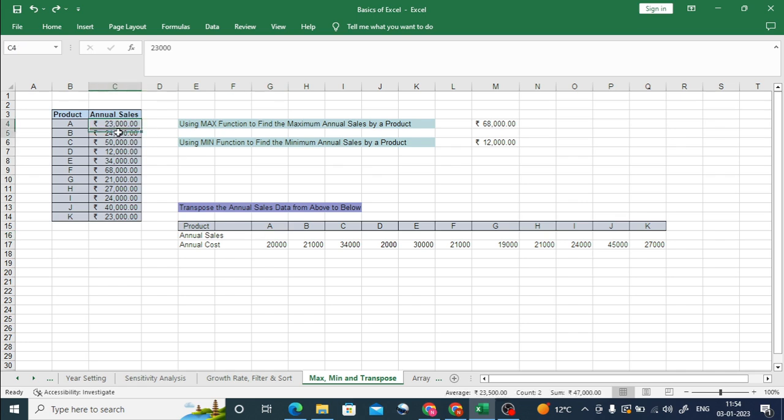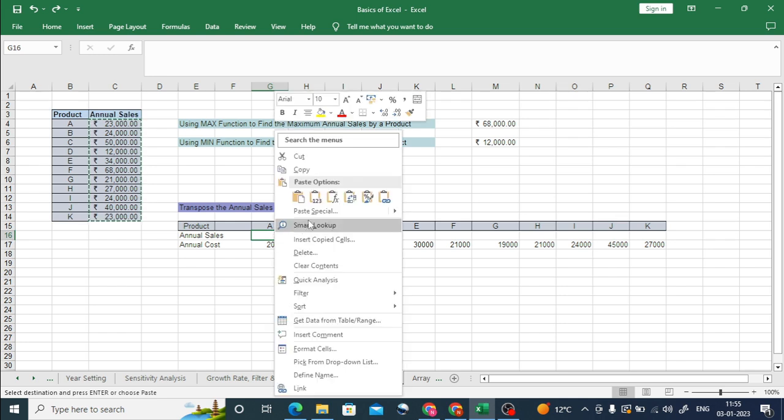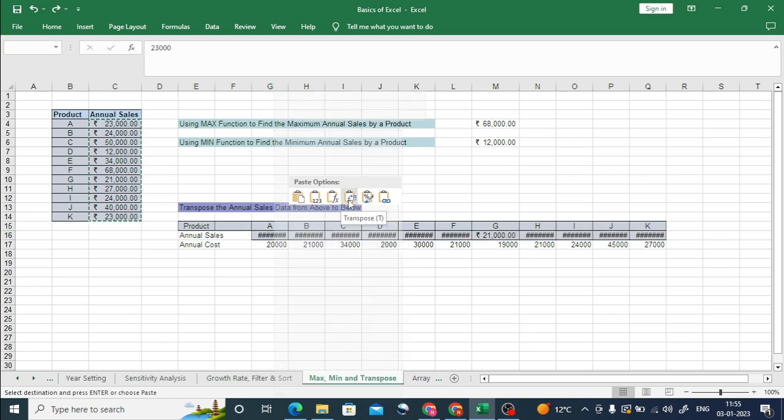We first of all select all the annual sales and type Control C. So we have copied all the annual sales. Then we come to the first annual sales, which is of product A, in the cell G16, and then we select this particular paste option, which is the transpose option.